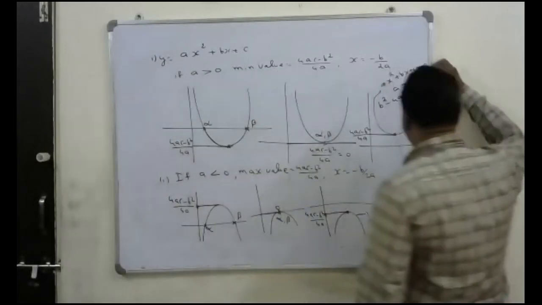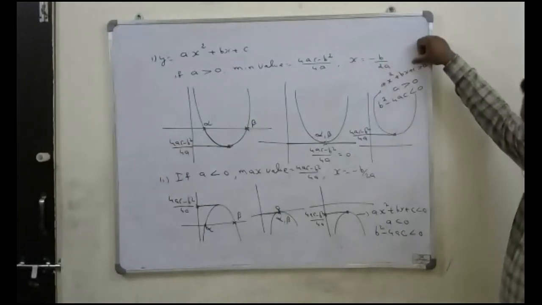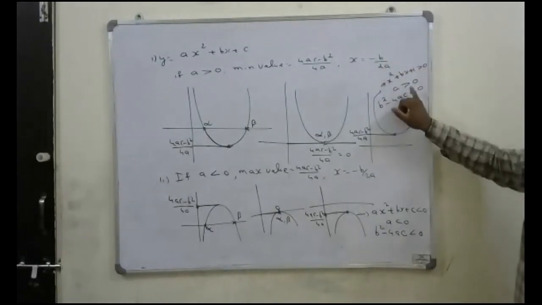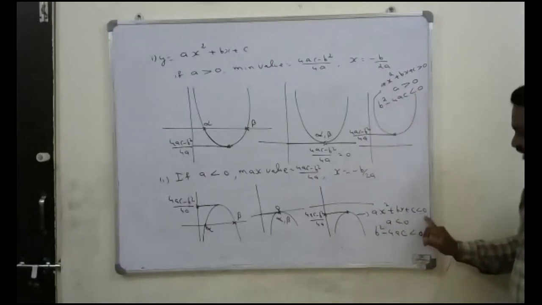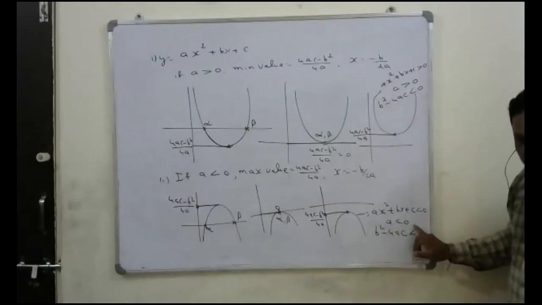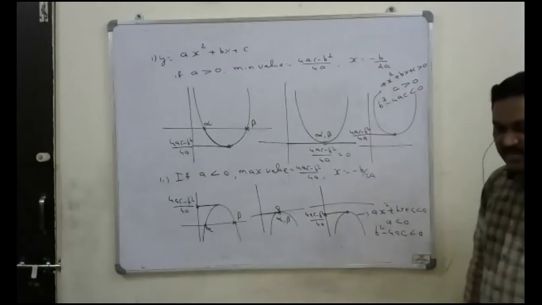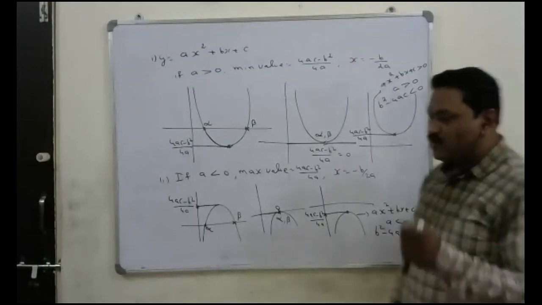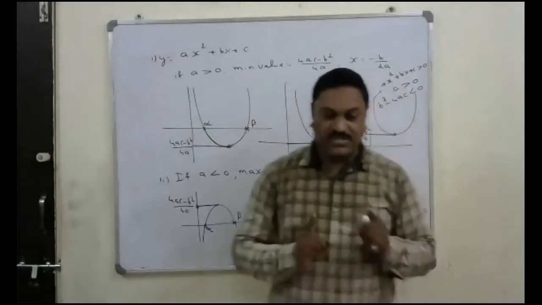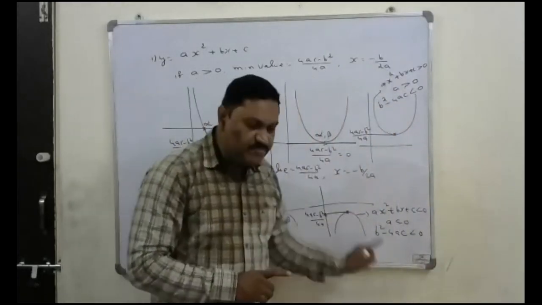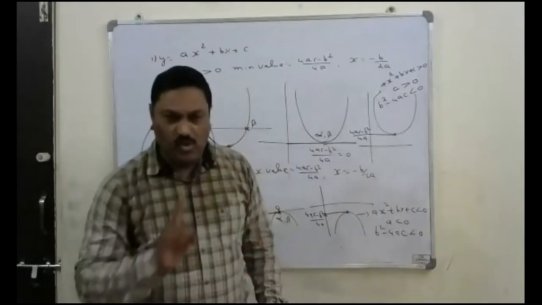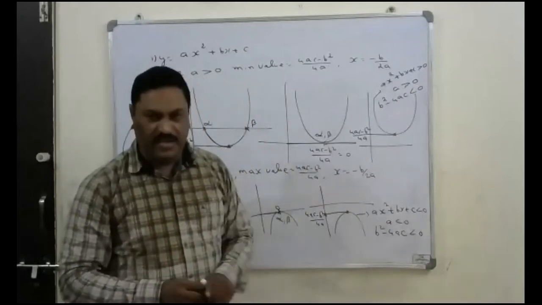So if you observe this, if ax square plus bx plus c is positive, the coefficient of x square is also positive, and if ax square plus bx plus c is negative, the coefficient of x square is also negative. From this you can understand that the expression and the coefficient of x square have the same sign. Remember that. If these two have the same sign, for all x belongs to R, the roots are complex.